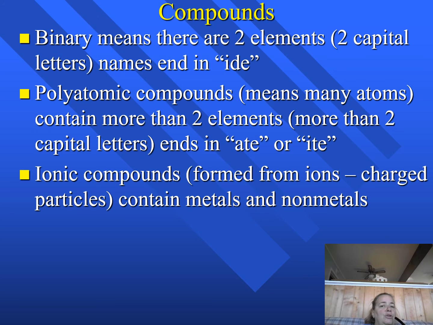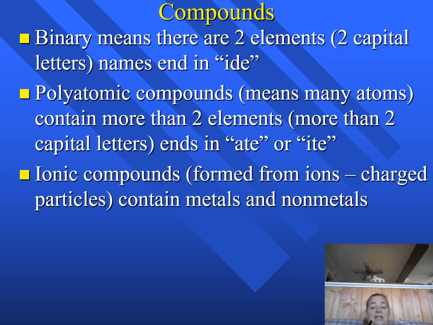So you'll know it if I give you the name of it, like sodium sulfate. You'll know it because the ending of the second word is usually ate or ite the majority of the time. But again, there are exceptions. But if you see ate or ite, it guarantees that one definitely is polyatomic.